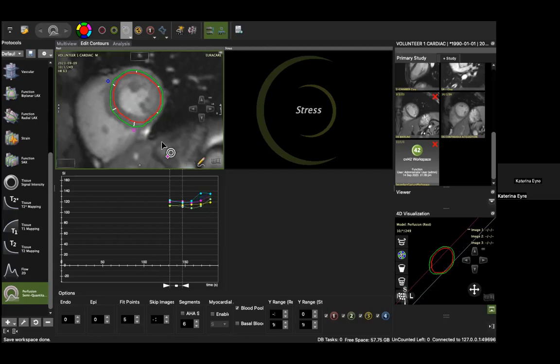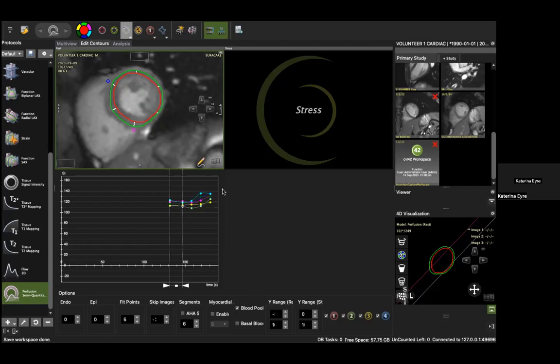These different lines represent different segments of the myocardium. You can see the white lines, the myocardium is divided into 6 segments, so we should see 6 lines. This is what we generally expect in a healthy volunteer. So this is looking normal.